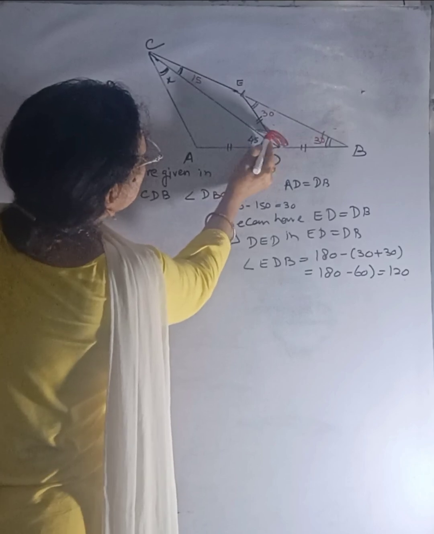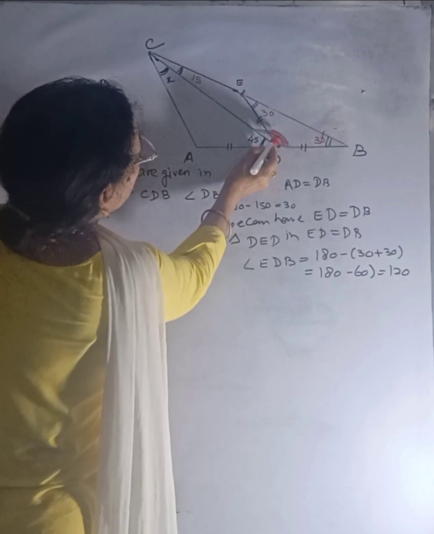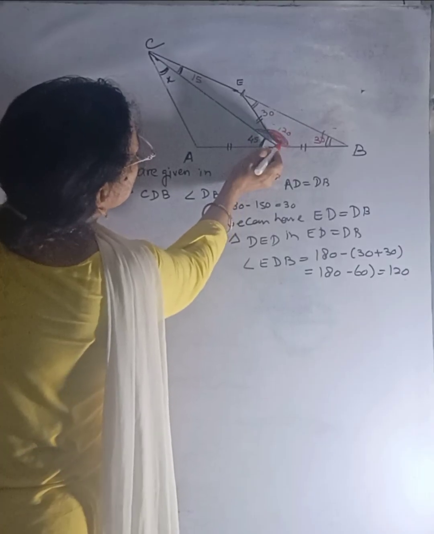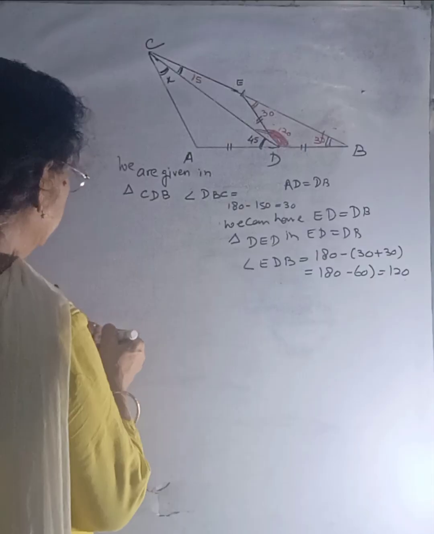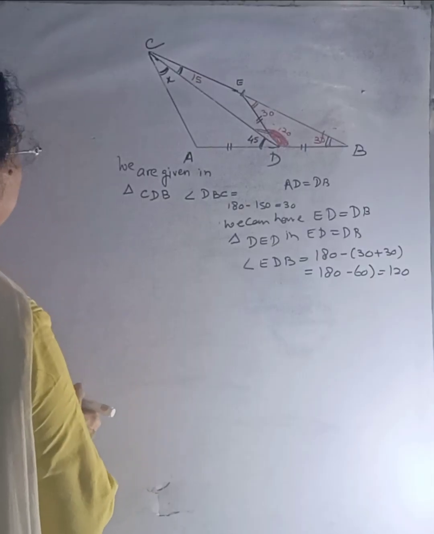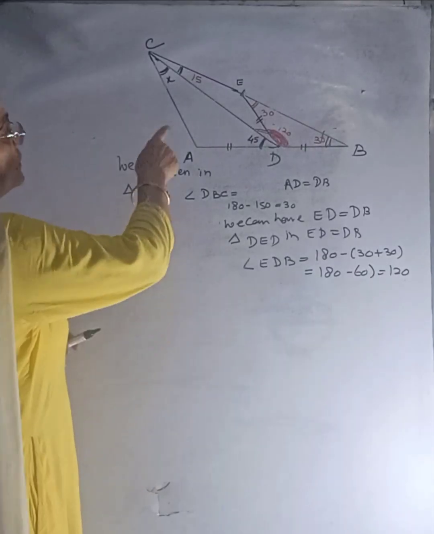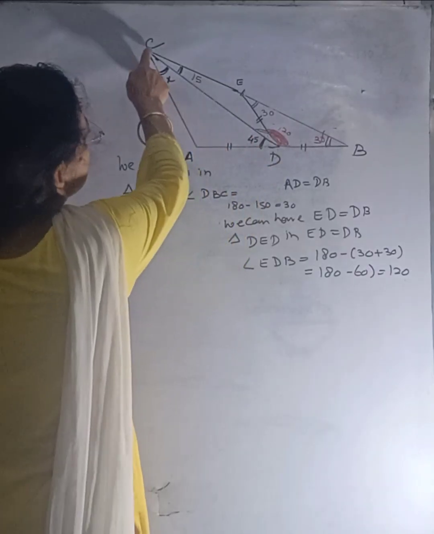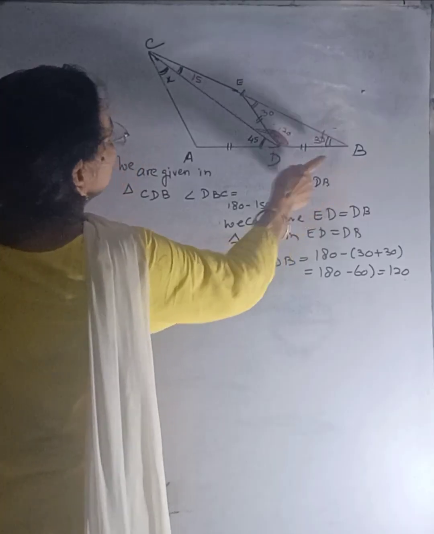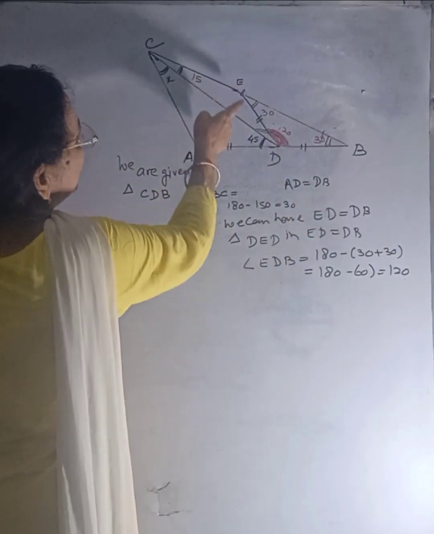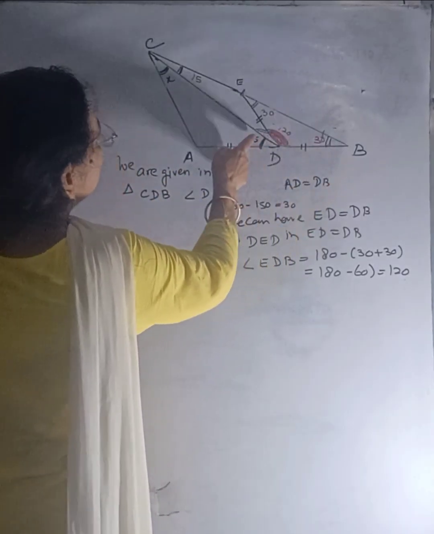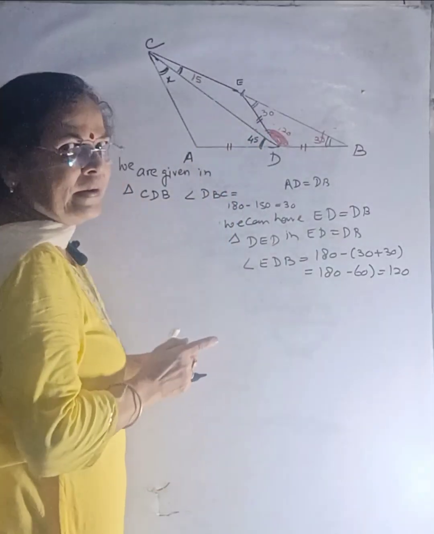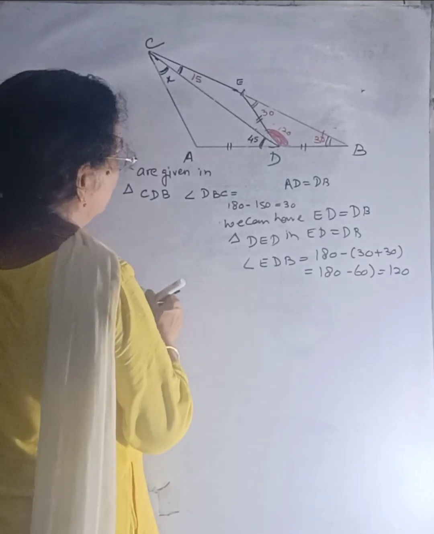Clear? But the whole angle CDB was 135. We have calculated EDB is equal to 120. It means this remaining portion is 15.